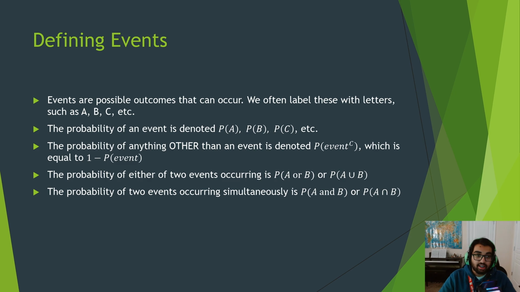So let's define events. This is basically just going over the notation for basic probability. Events are typically labeled with just a single letter to make it easier to write. So, A or B or C, etc. And the probability of that event is P of A or P of B or P of C. Now, the probability of anything other than that event is P of event complement, which is equal to 1 minus P of event.